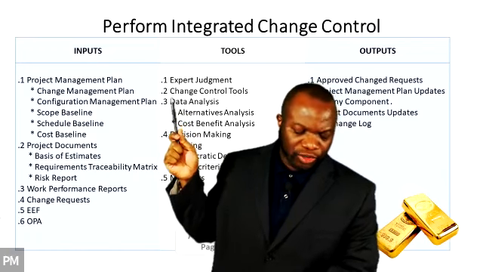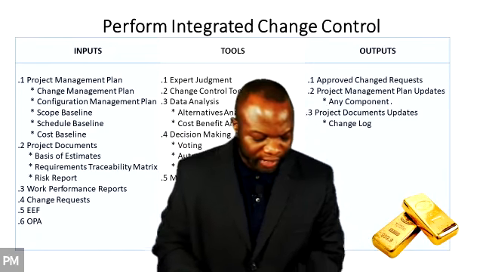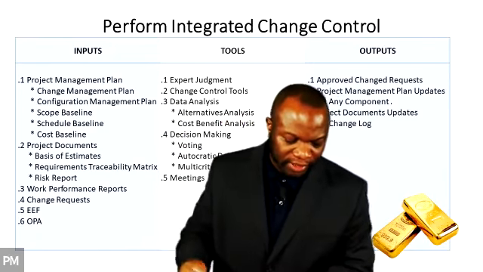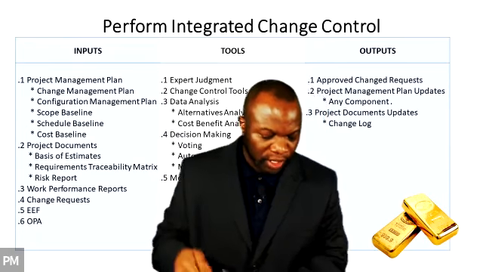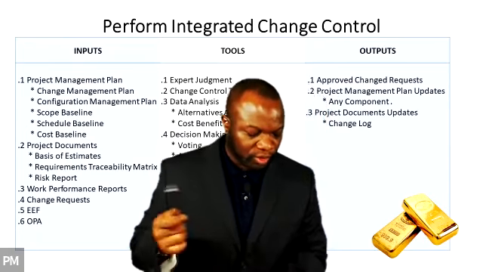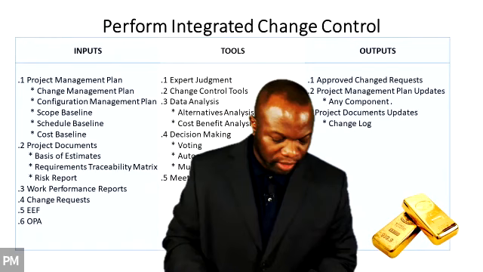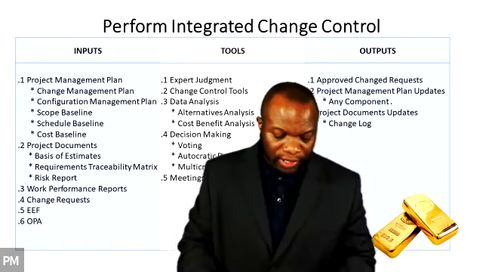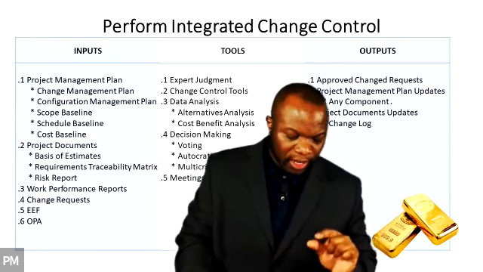Then we've got change control tools. I gave you an elaborate breakdown. It is what it is, okay? It says in order to facilitate configuration and change management, manual or automated tools may be used. Just remember my example. This section, though, is important in understanding the terms.